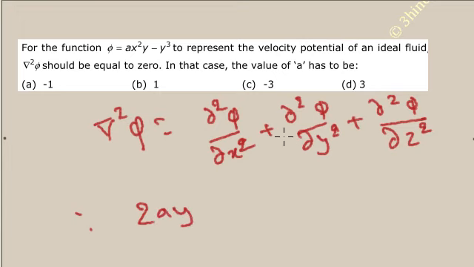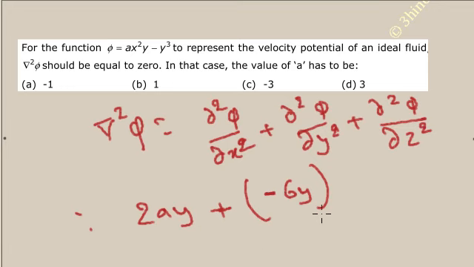If you differentiate with respect to y twice, first is 3y square, then differentiating again, that is 6y, so minus 6y. If you differentiate this term twice, it will be 0.